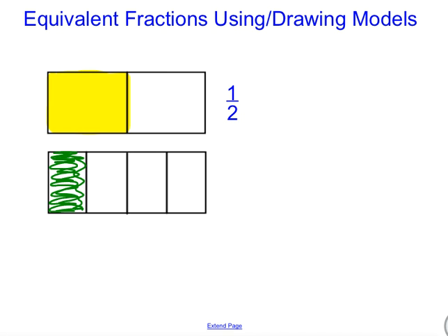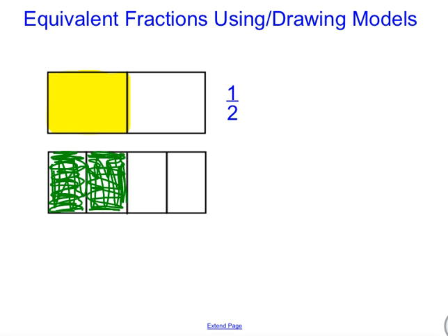That's very important because equivalent means equal. So they have to represent the same amount. Even though our fractions will be different, the same amount is shaded. So I'm going to continue and do another 4th. Just shading quickly, okay?